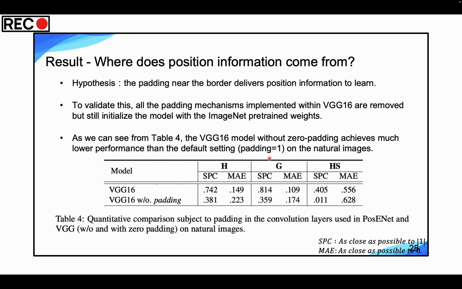And the authors proposed a hypothesis that the padding near the border delivers position information to learn. It seems that the hypothesis that zero padding delivers position information makes sense, because you can see that if we have padding here, we can extract more position information than the network without padding.